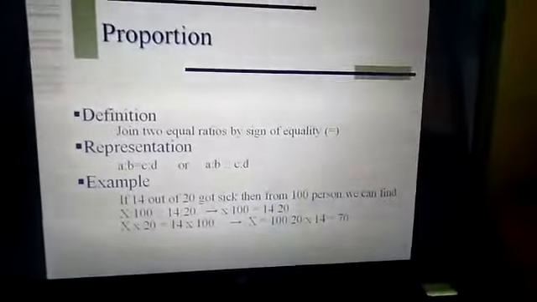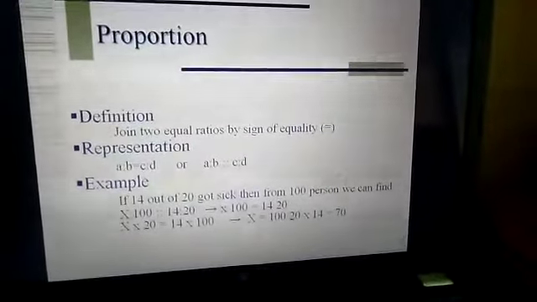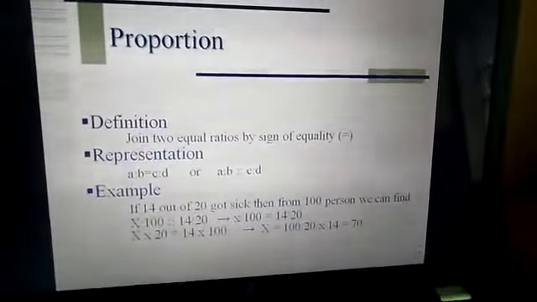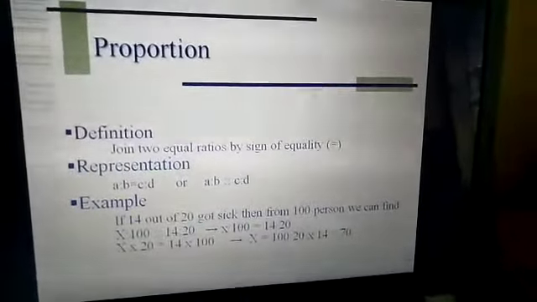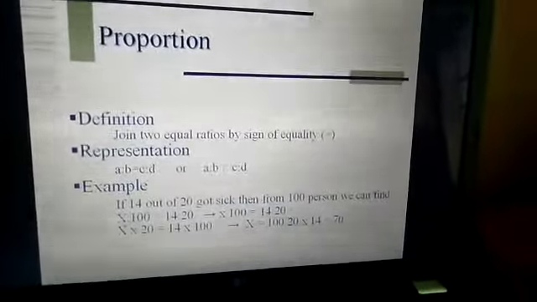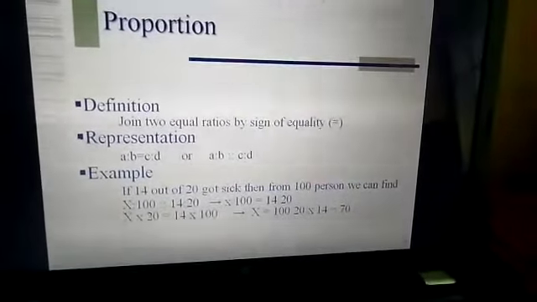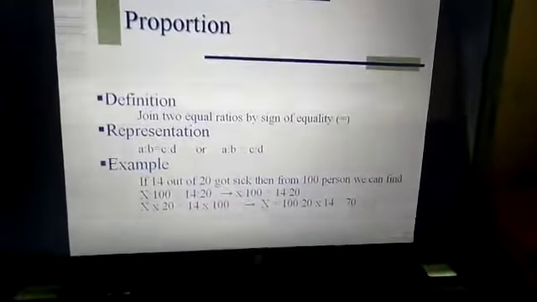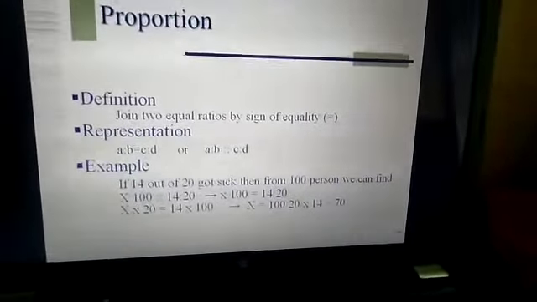Then comes proportion. What is proportion? Proportion means to join two equal ratios by a sign of equality, as shown here. Representation: how do you represent it?